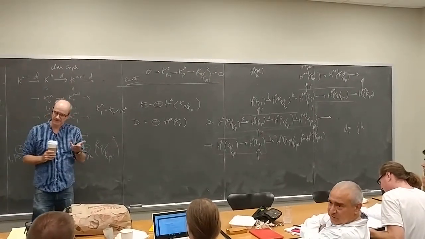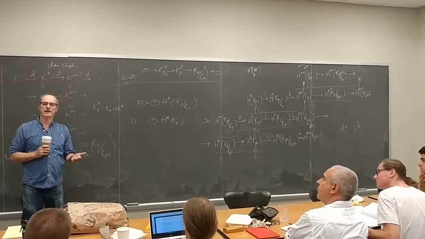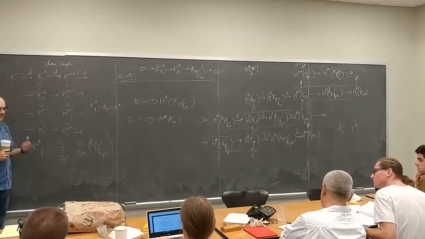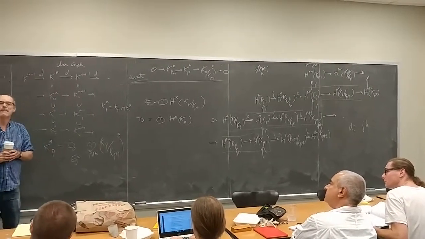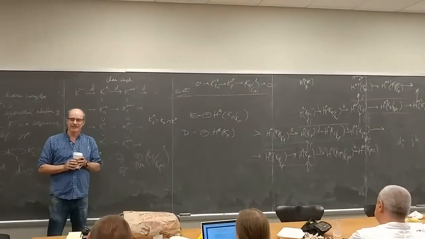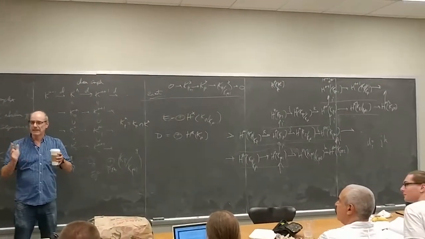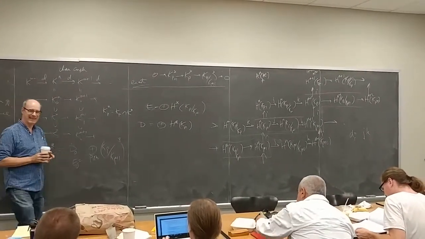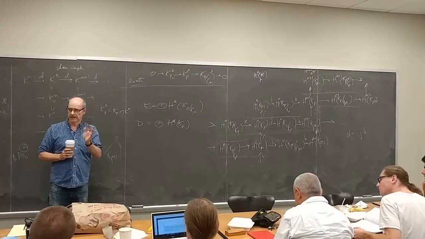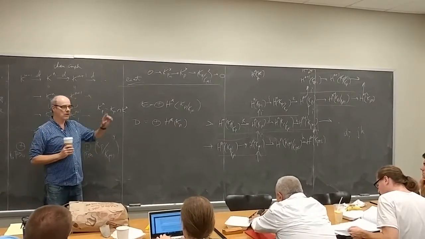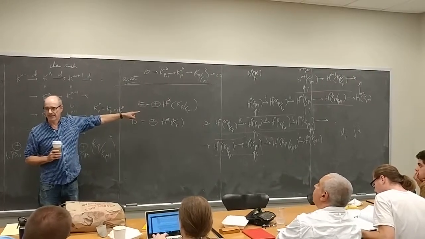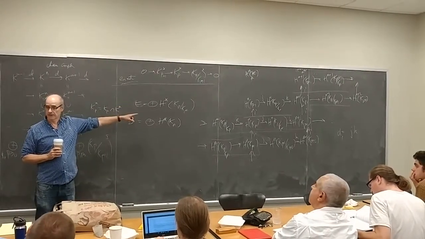I love John, and he's a dear friend of mine, and I've known him for many years, and I've never really read his book. It's a sin of omission, because I've heard nothing but great things about it, but I'm not actually familiar with it. I've glanced at it, but yes, Mosher and Tangora write this diagram when they're doing the Serre spectral sequence.